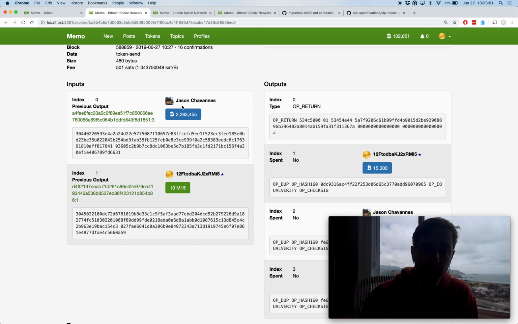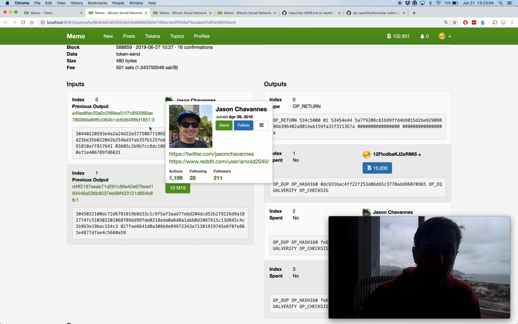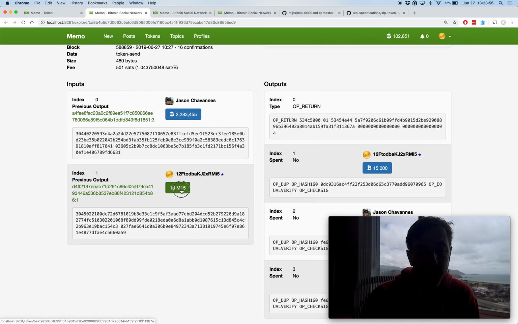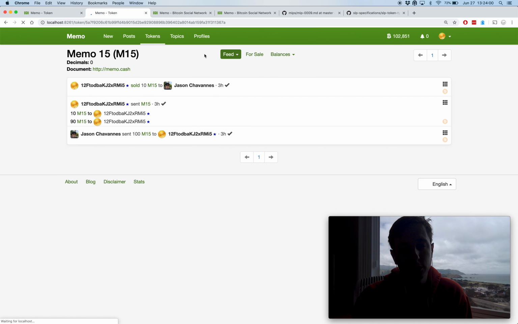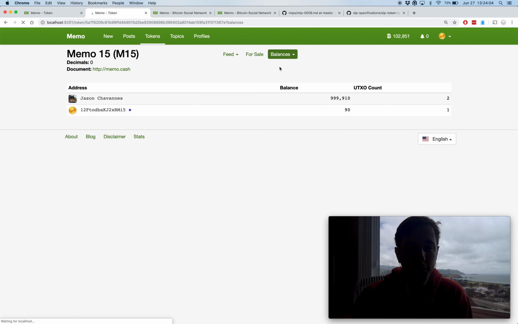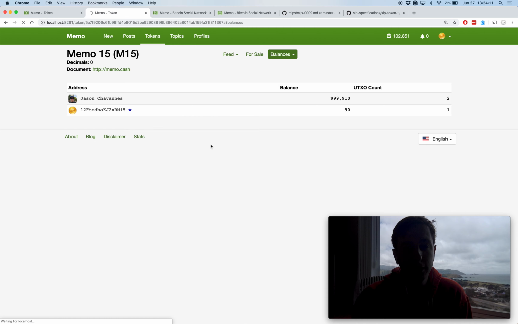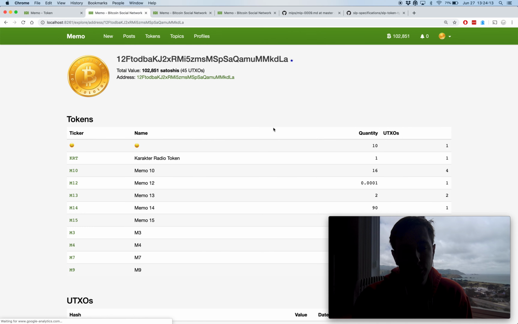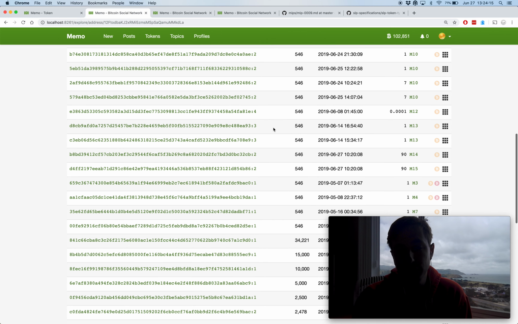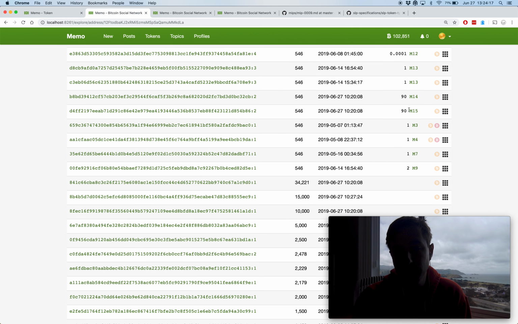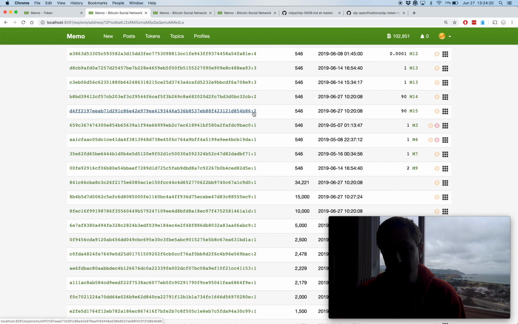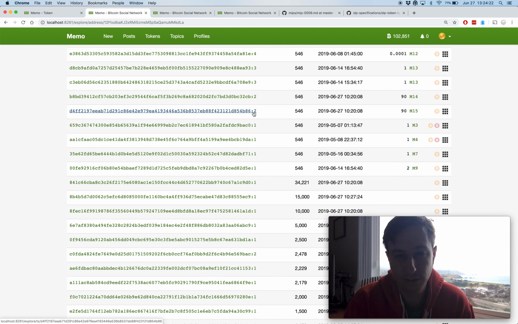If I am the buyer and I want to buy these M15 tokens, this doesn't work currently, but from a technological perspective, it's possible. I could see that this person owns it, and I could potentially look at their M15 UTXO and make an offer to purchase this UTXO.